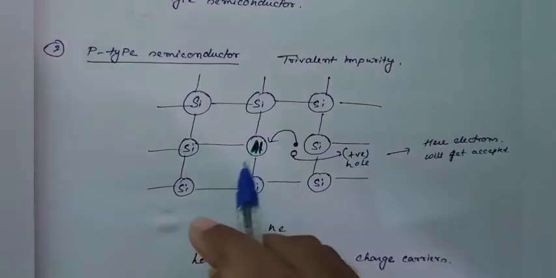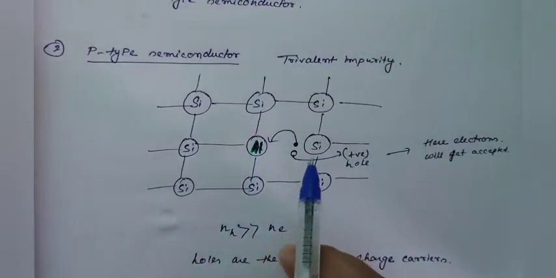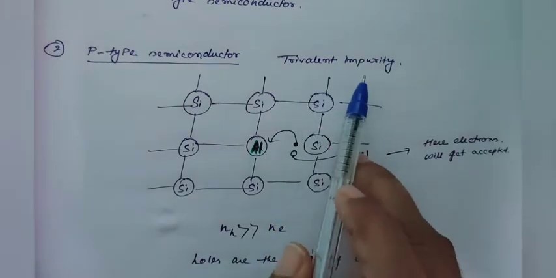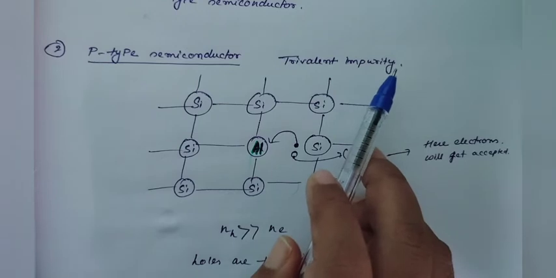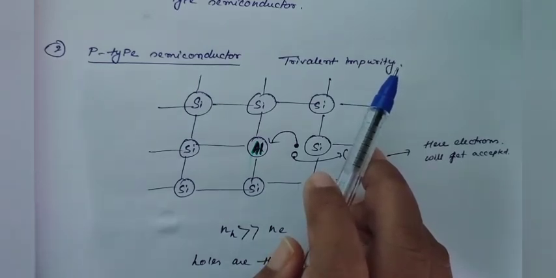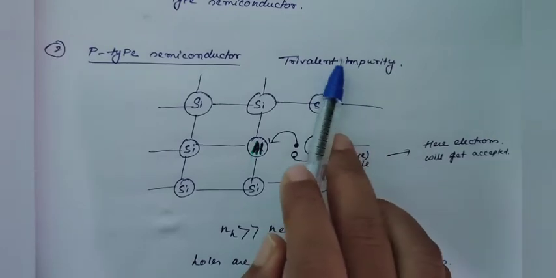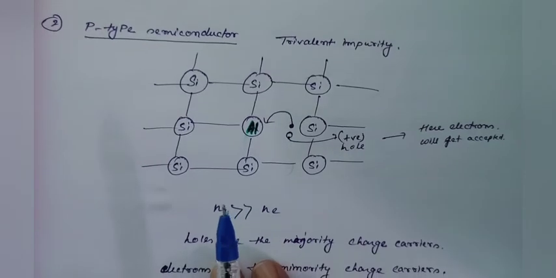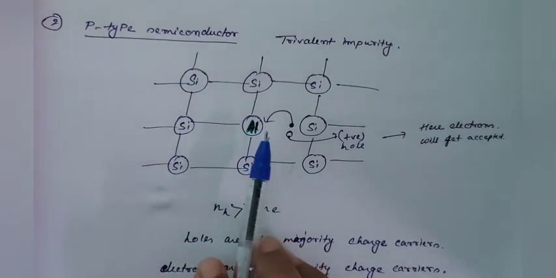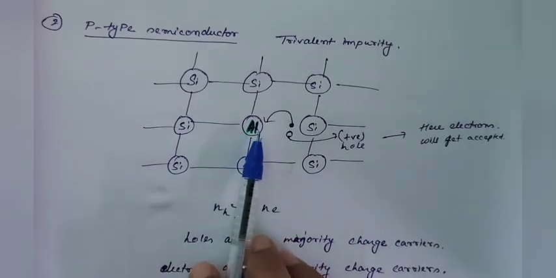If a semiconductor is doped with trivalent impurities, that is boron, aluminium, gallium, then it is called a P-type semiconductor. Here in the figure we can see that aluminium is doped.